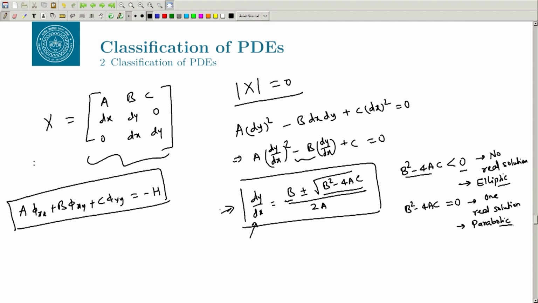In this case there will be just one characteristic, and if b square minus 4ac is greater than 0, then we will have two real solutions.